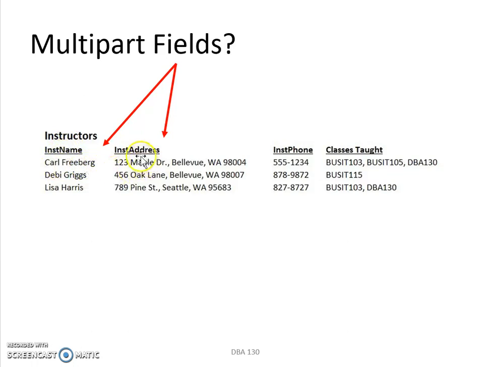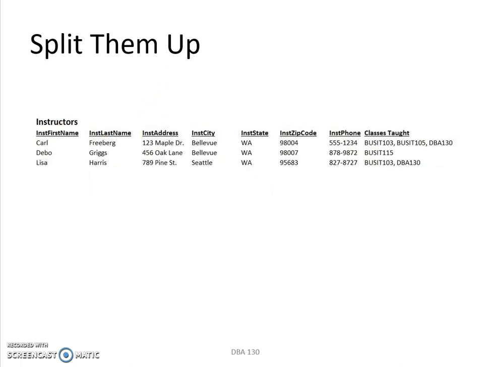The address, instructor address, has a street, a city, a state, and a zip code. Those should all be separate fields. So you need to split them up into separate fields, just like I've shown here in this picture.